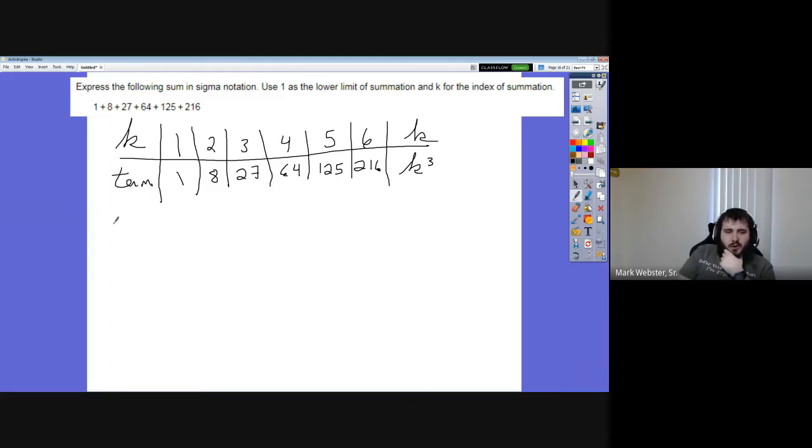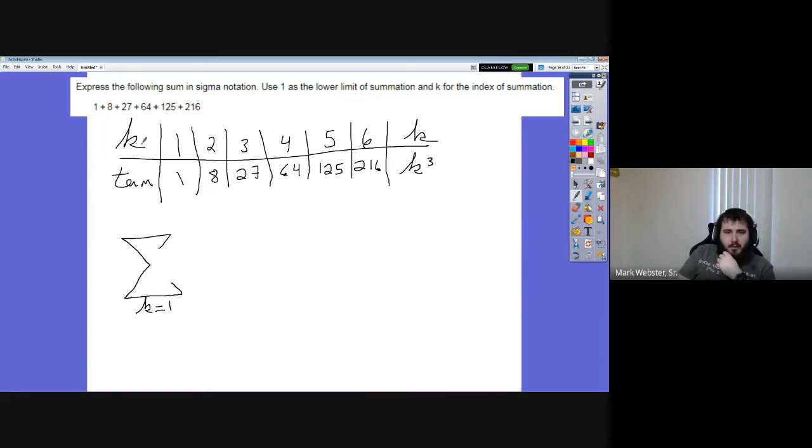So now let's actually make our summation. Try to make my sigma as fancy as possible. It's going to degenerate real quick. Don't worry. So we start with k equals 1.